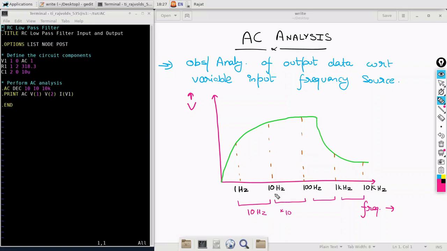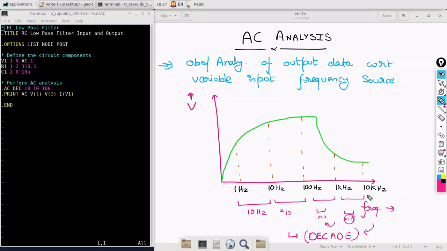The interval size increased again 10 times, and here it is also 10 times. So every interval size is 10 times the previous one. This kind of scale is called decade. It is a logarithmic scale. For frequency analysis we usually use decade as the scale, a logarithmic scale.